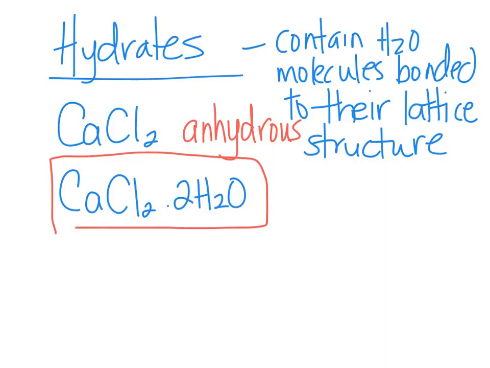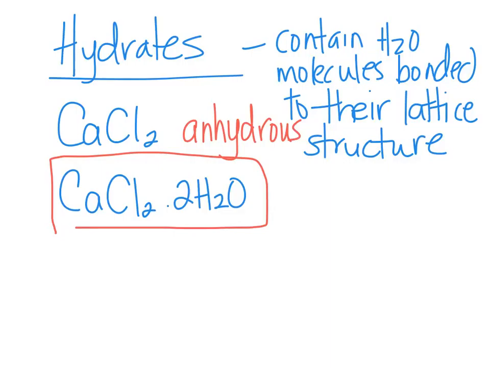So this is our formula unit. For every one formula unit, there's two waters. So if you have 6 calcium chloride units, there's 12 waters.